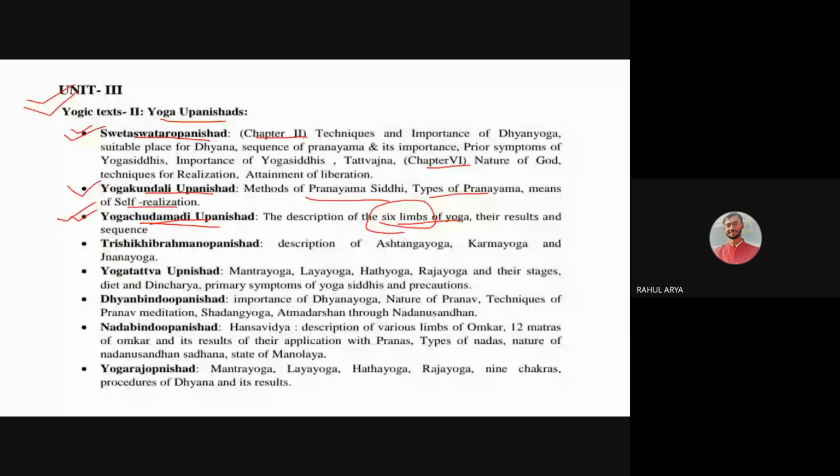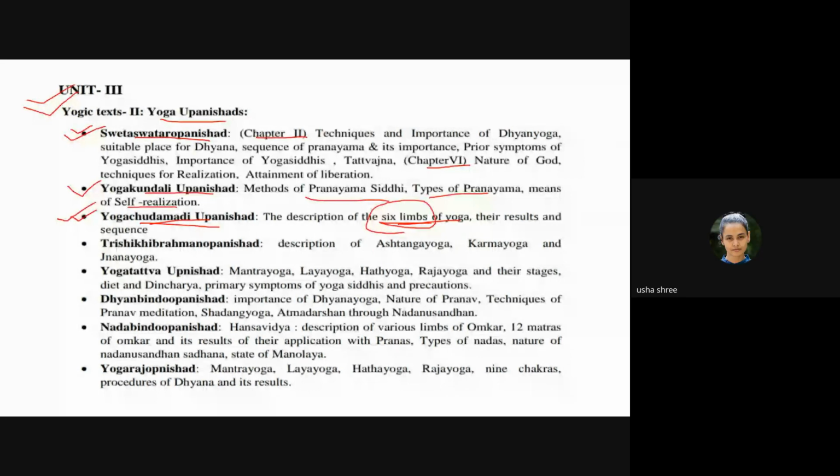So, six limbs of yoga in Upanishads, which Upanishad is it? Sir, please repeat the question. The Yoga Chudamani Upanishad. My point is that a minimum of one to two questions will come only from the syllabus in the exam.